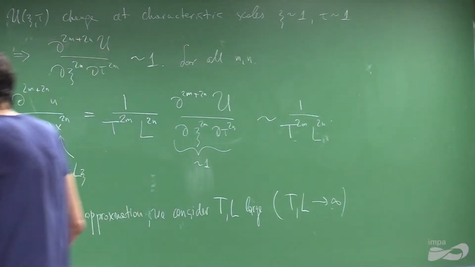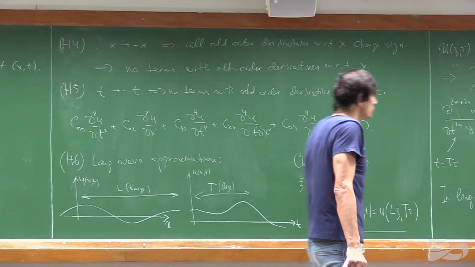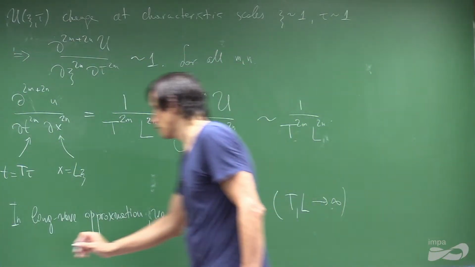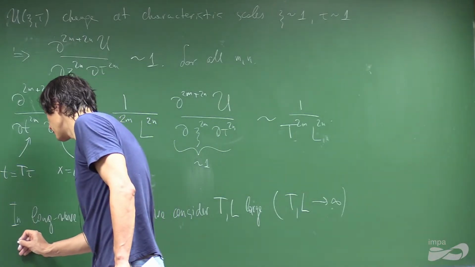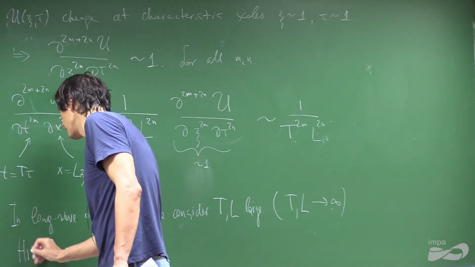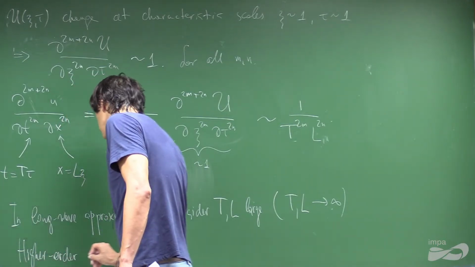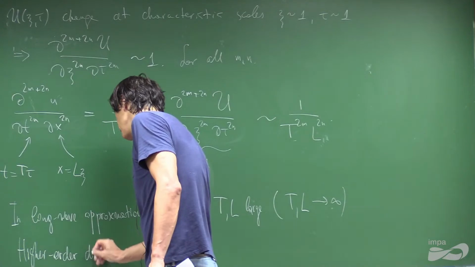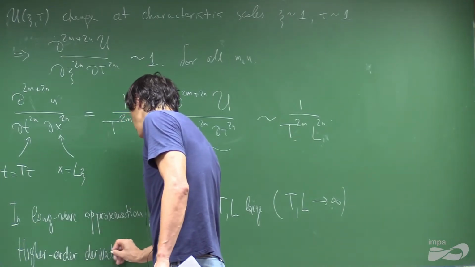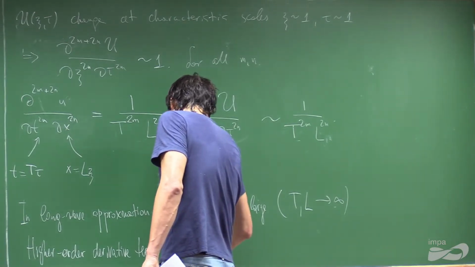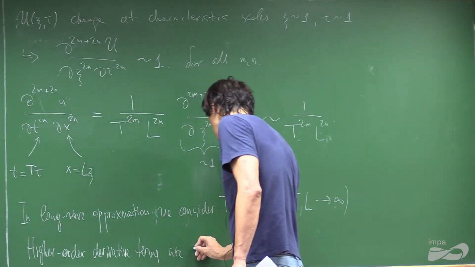So T and L large, which means that the higher order derivative terms are small.